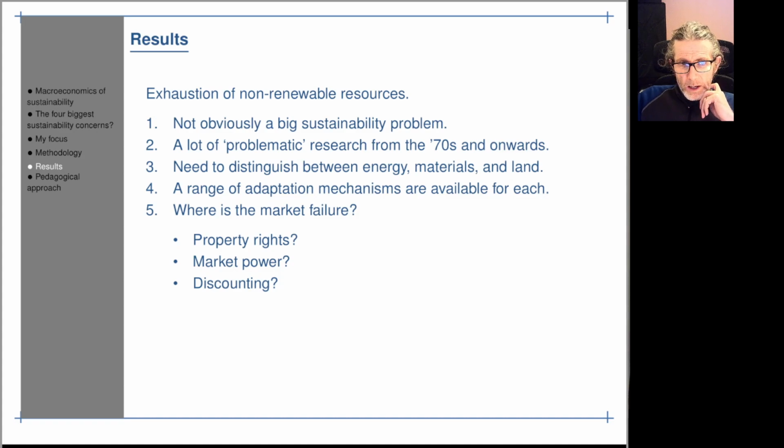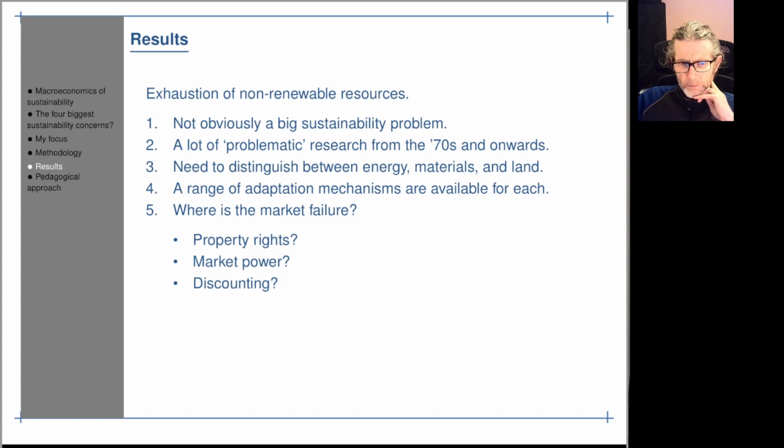One of the reasons it's not obviously a huge problem is that there aren't obvious market failures, at least in well-run economies. We have well-defined property rights. For many resources, market power is relatively limited, and so on.